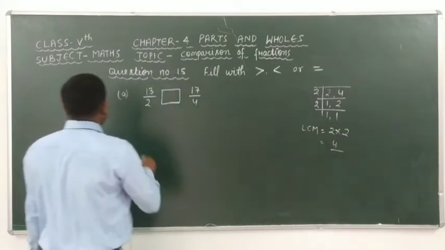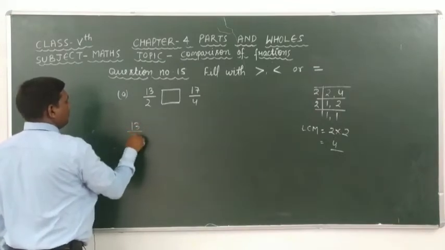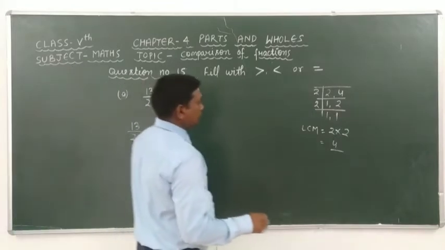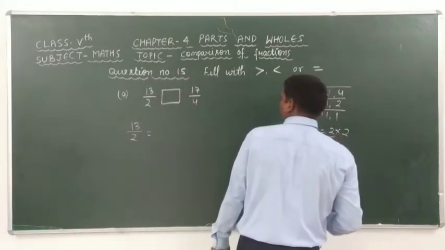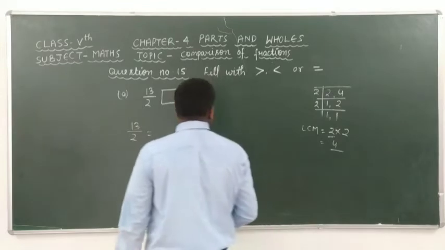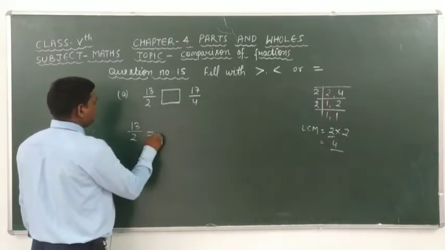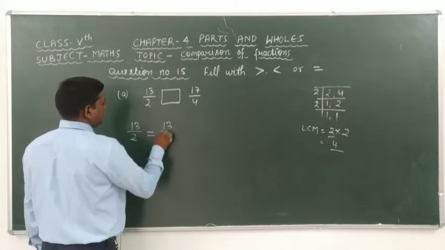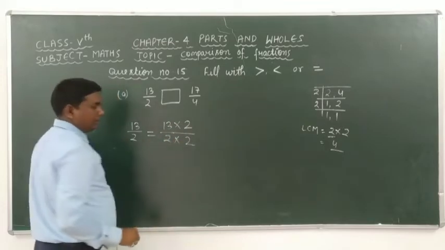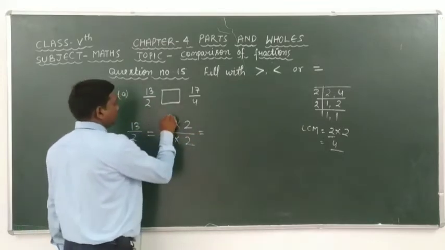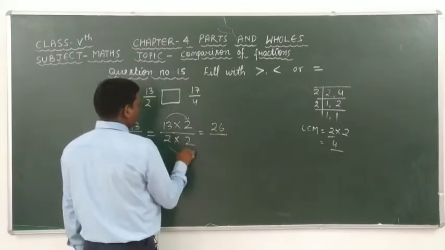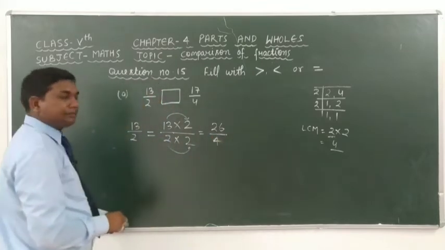Okay, look at here carefully. Here given that 13 over 2. Firstly we have to take the multiplication of 2 in numerator and denominator for finding the same denominator. So 13 2s are 26 over 2 2s are 4.